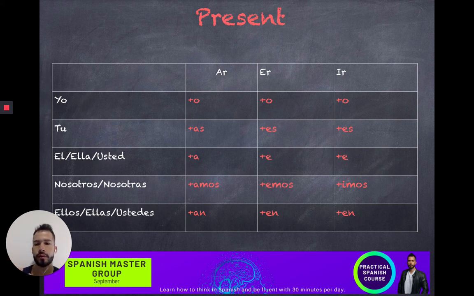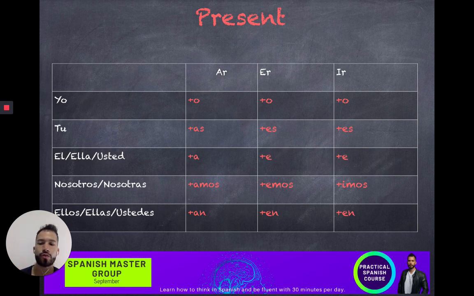I want you to learn the patterns instead of trying to memorize each verb. This is what you use for regular verbs. Tomorrow we're going to see irregular verbs. But for regular verbs in present, the pronouns are yo, which is I, tú, which is you, informal, él, he, ella, she, usted, you, formal.